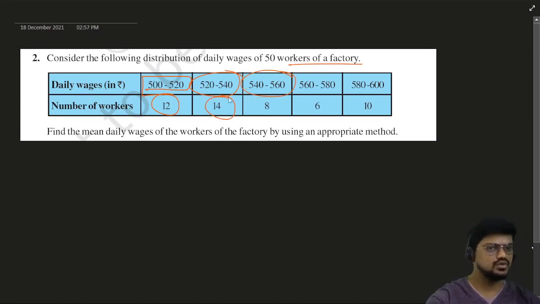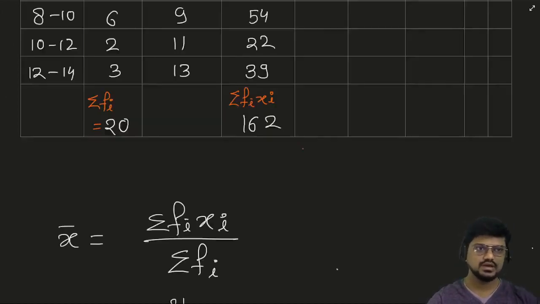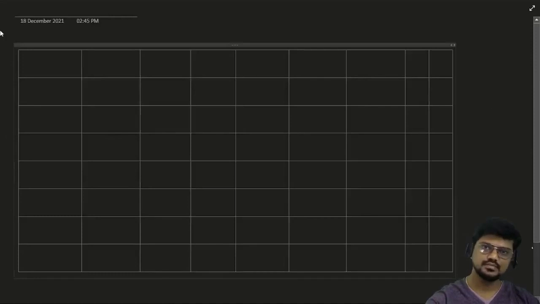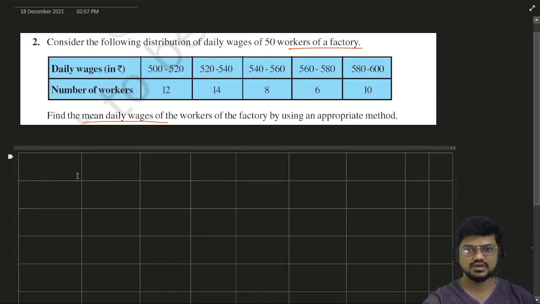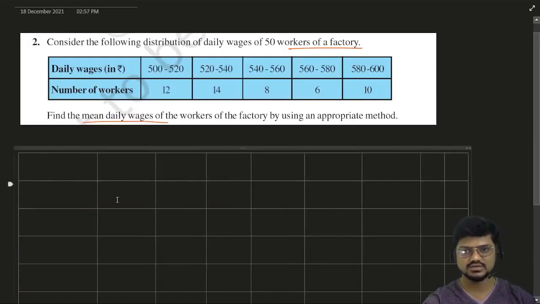Like that, you have the data. Now you have to find the mean daily wage of the workers of the factory by using an appropriate method. Again, the same thing, we'll take a table first. So what all things do you have? First you have the daily wages, so let's write that daily wages in it.